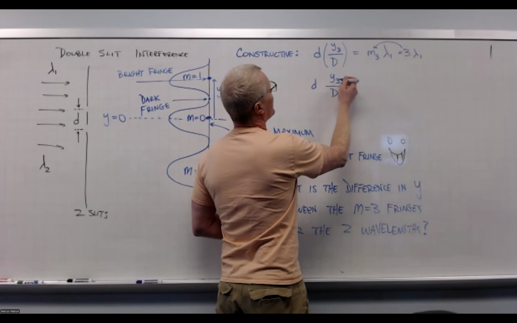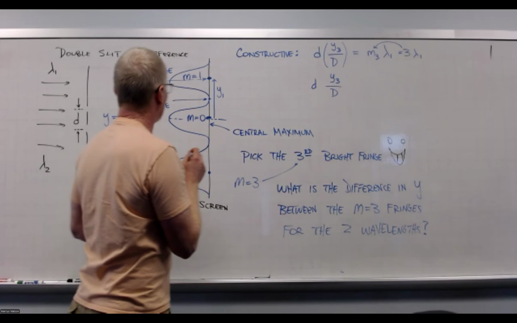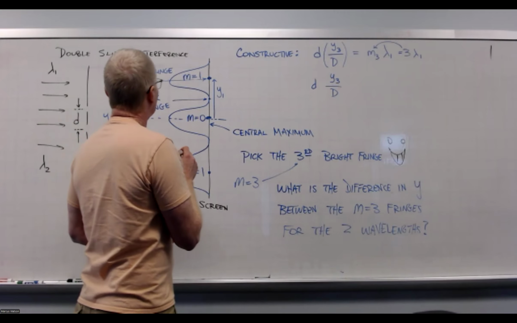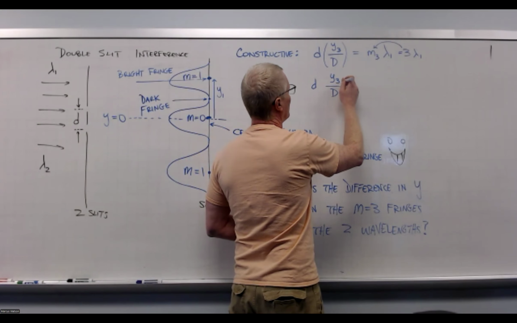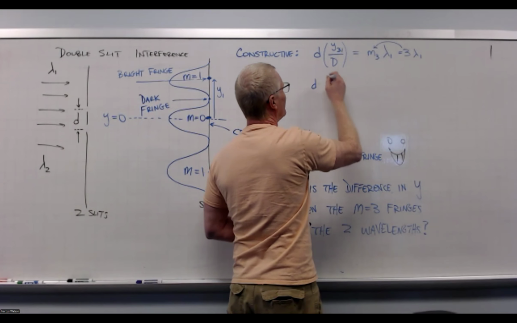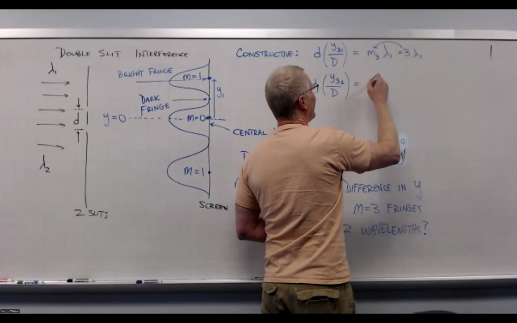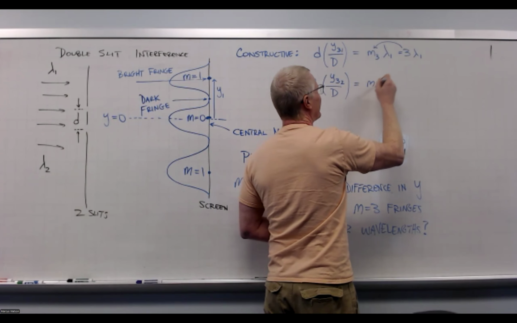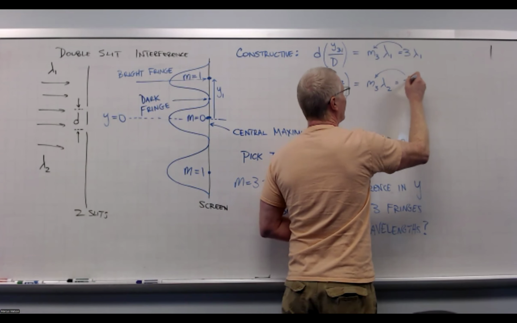And I'm going to write y3 as a slight difference here. I'll call that one 31 and that one 32 to go with the wavelength. So this is equal to, again, M3 times lambda 2, and that M3 is still 3.